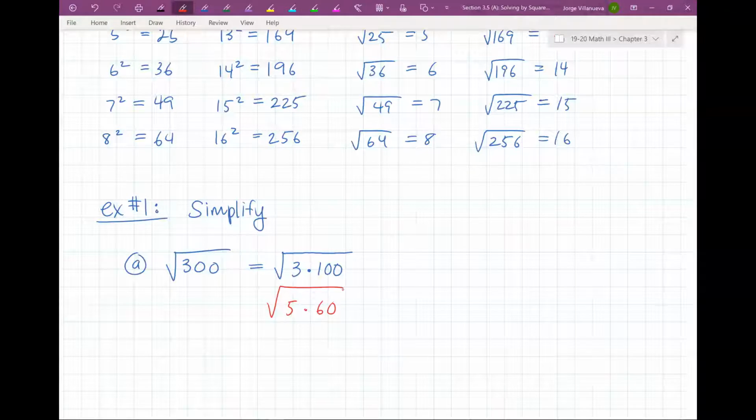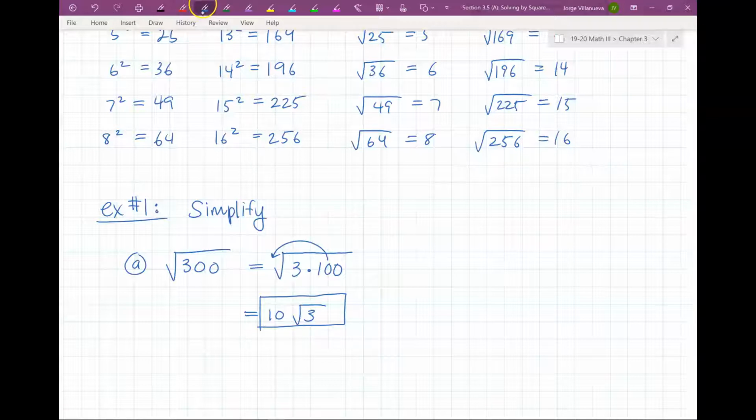The square root of 100 is what? 10, right? So what I'm going to do is get that 100 and bring it out. That's going to become a 10 radical 3. And that's my answer for that problem. Okay, 10 square root 3. The 3 doesn't come out, but the 100 can. All right, so that's how you do something like that.